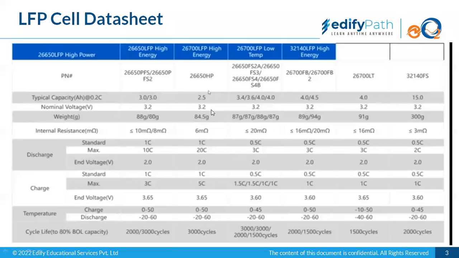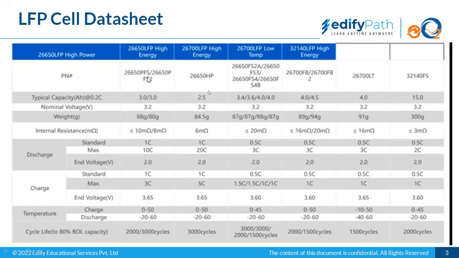If you talk about prismatic cells, their geometry will be different. They would be in the form of a cuboid structure, or canisters we can call them, holding more energy in a single cell. Here we are right now discussing only the LFP cylindrical cells.